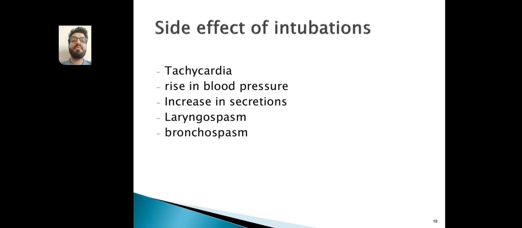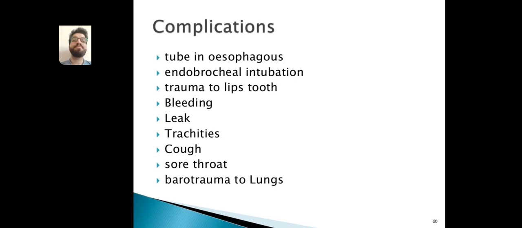And also there can be bronchospasm. In this case the bronchial tree gets into spasm and constricts, so ventilation is not effective, and the patient is not able to get the enough supply of oxygen that the patient requires.